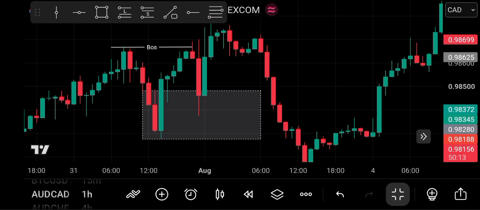Number 3 reason why you keep getting stopped out is you do not take your profit target at the stipulated target area. You wait for price to reach 1 to 10, 1 to 15 risk reward ratio, and then you get stopped out and you wonder what happened.